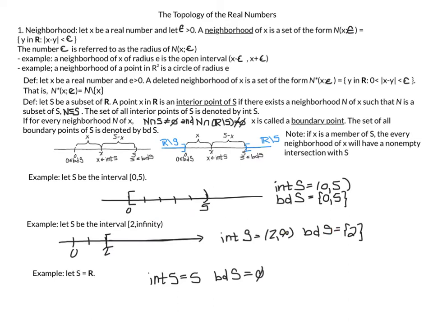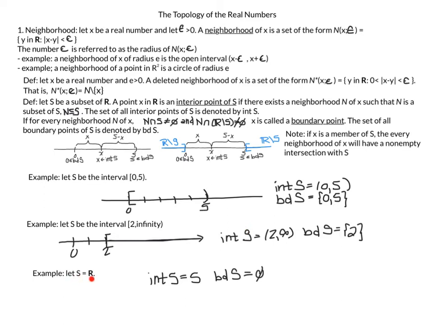The boundary point is equal to 2 because any neighborhood containing 2 contains points inside of S and points outside of S. And infinity, since it keeps going, is not a boundary because it doesn't contain points outside of infinity.